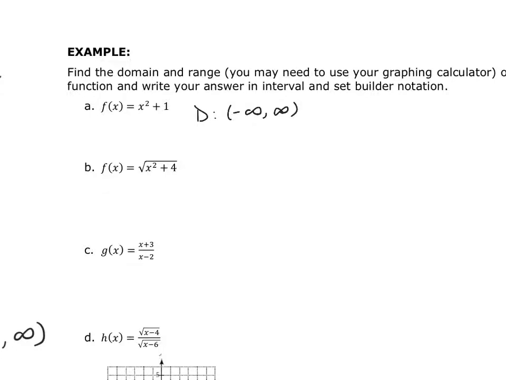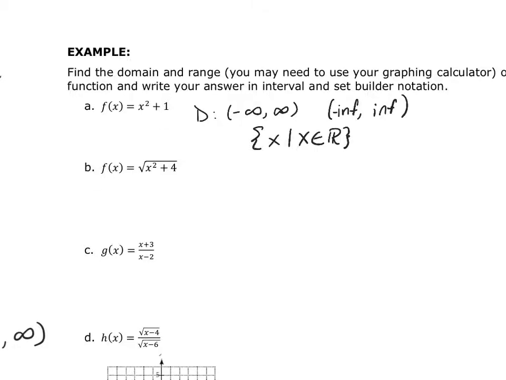Now if this is on the homework, the way you're going to type it in WeBWorK, which does have a little link that says help intervals, is with the parentheses, and then you do negative INF, and then you would do INF. So INF is for infinity in WeBWorK. So the domain in set builder notation is x such that x is a real number. There's no restrictions on that.